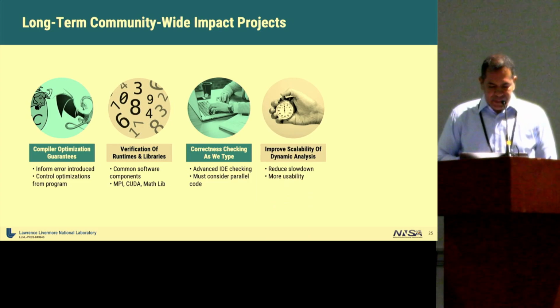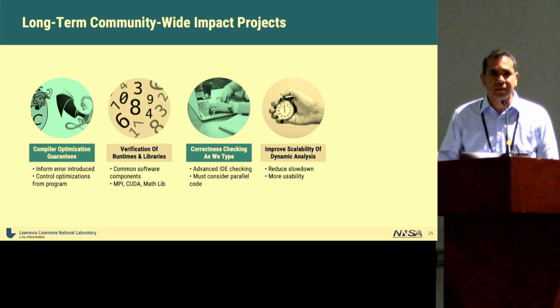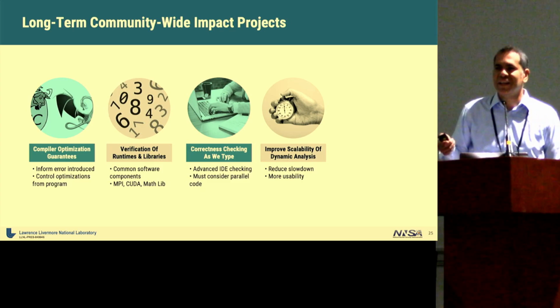Improving the scalability of dynamic analysis. This is another crucial area. As a community, we build a lot of dynamic analysis tools. But if a tool is going to take 100x, I mean, the scientists are not going to even try, right? Because if they have to run a code for several hours and run something that's going to do a 100x slowdown, they're not going to use it.